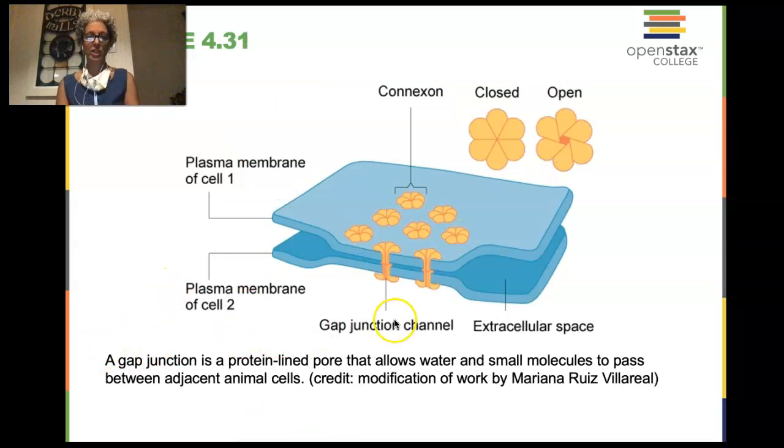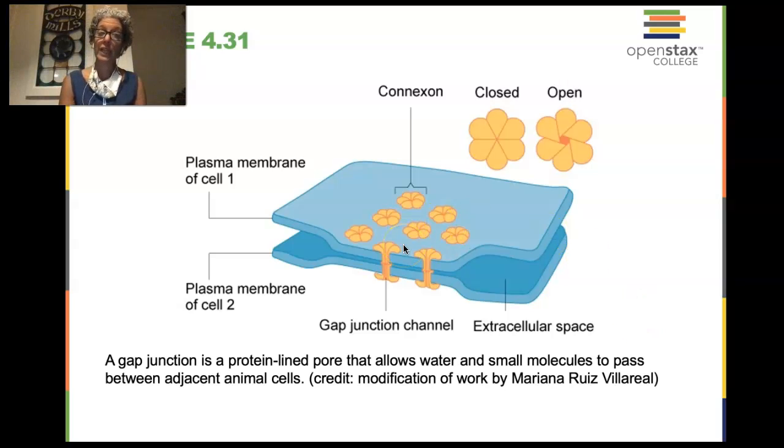And gap junctions are kind of like an iris diaphragm on a microscope where you can move it back and forth to let in more or less light. On an actual physical camera, whether digital or film, you rotate it to open up the lens to let in more light, rotate it to close it to let in less light.